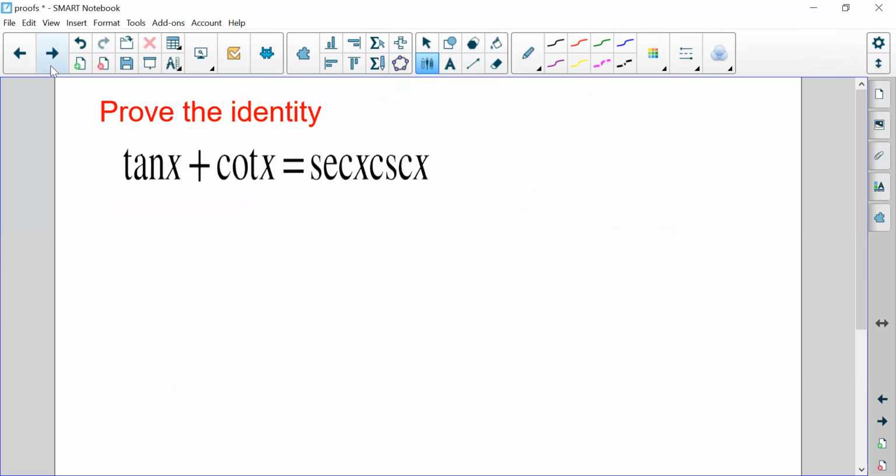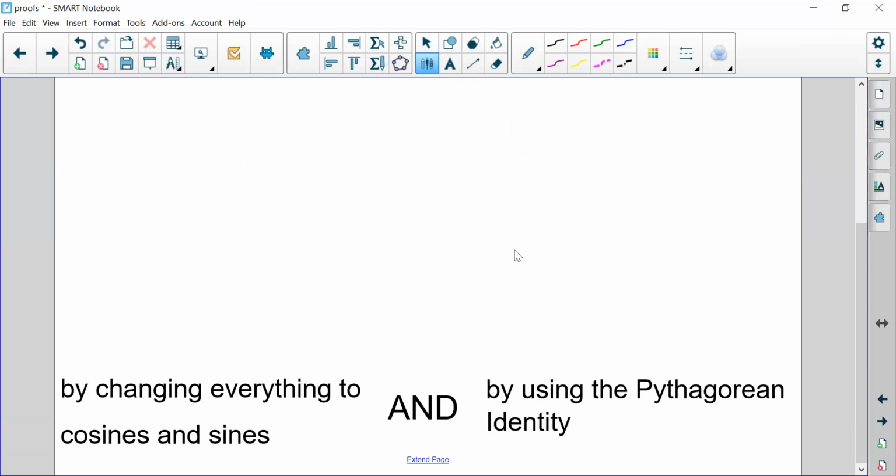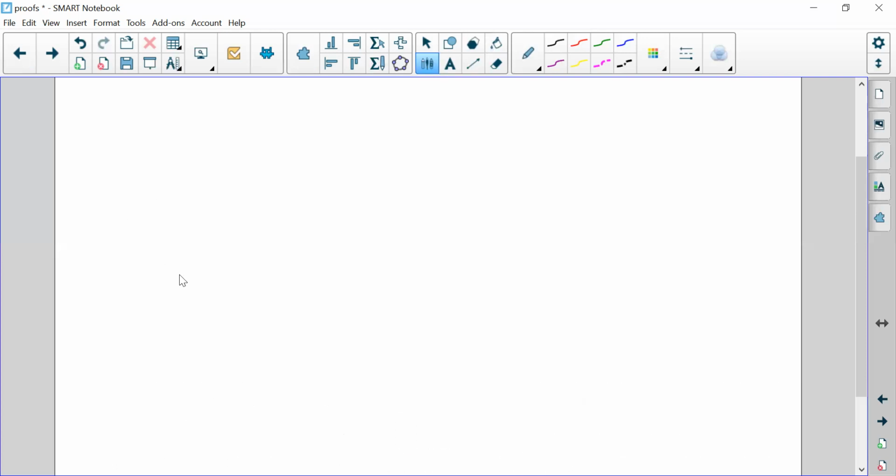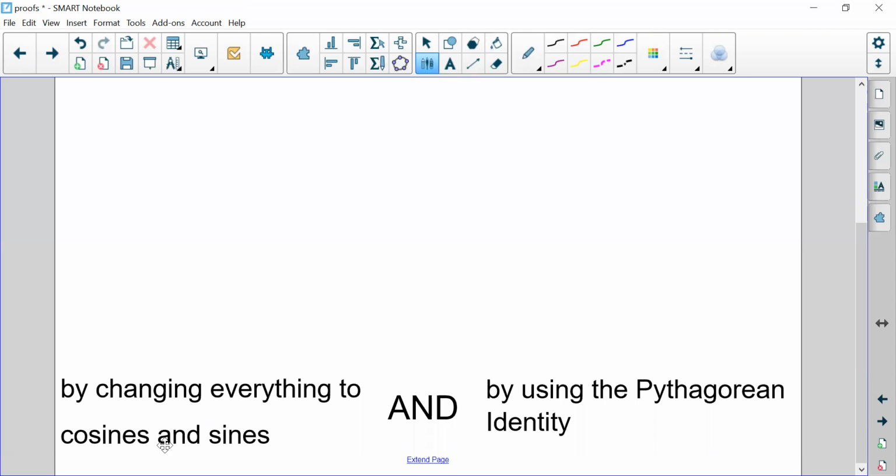Let's do some practice. How can I prove that this is a true statement? There are lots of strategies here. For this particular one, we're going to use the Pythagorean identities, and we're going to use this strategy: change everything to cosines and sines. When I was your age, I changed everything to cosines and sines.